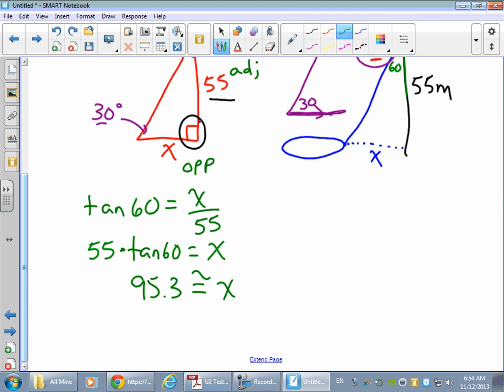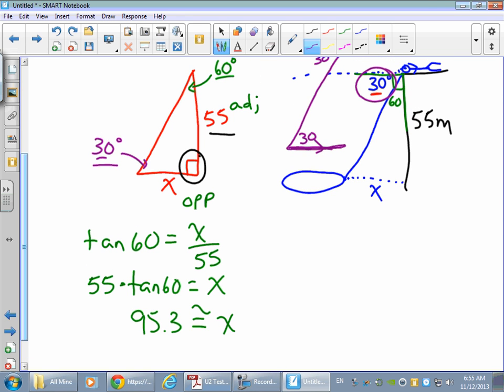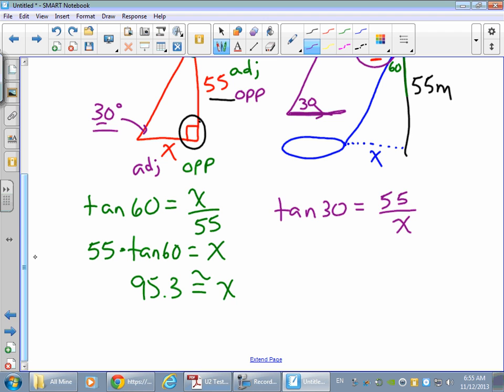If I had taken it the other way, if I'd gone from the 30 specifically, I'm looking then at an opposite over here, an adjacent down here, and so once again it's tan of 30 this time, will be the opposite, the 55, over the adjacent, the x. And you'll notice maybe I have a little bit more work this time. Now I need to multiply both sides by the x, and so I end up with x times tan 30 is equal to 55.